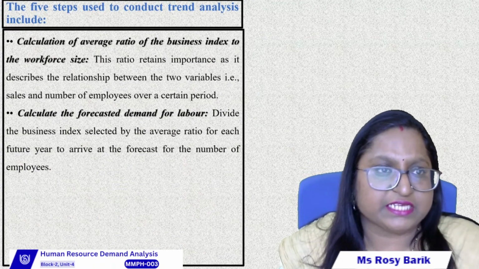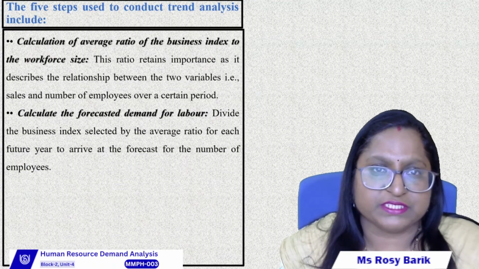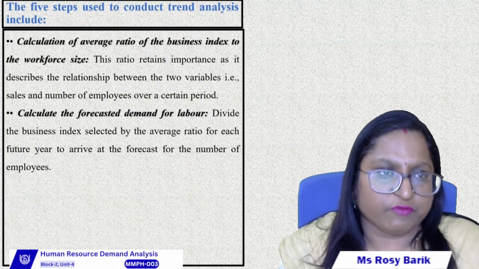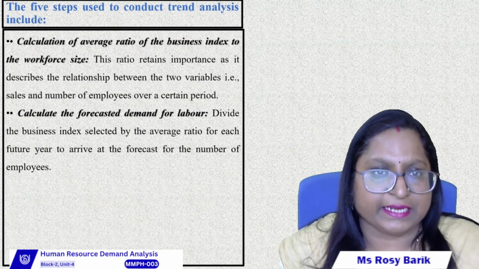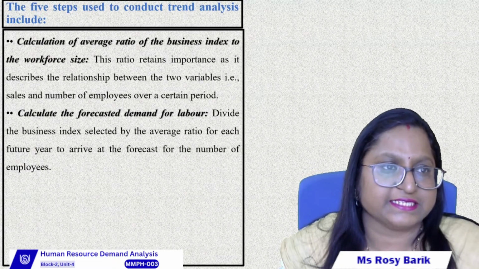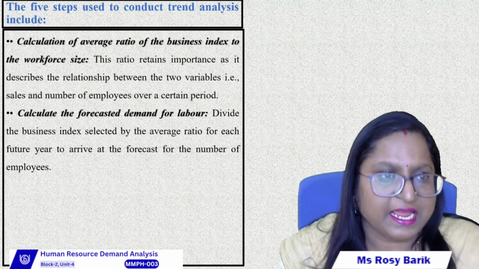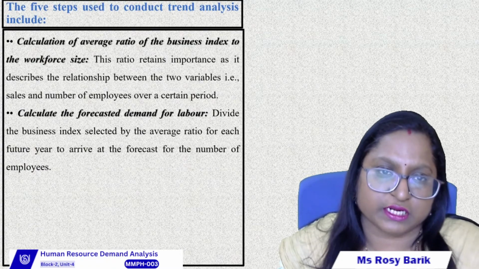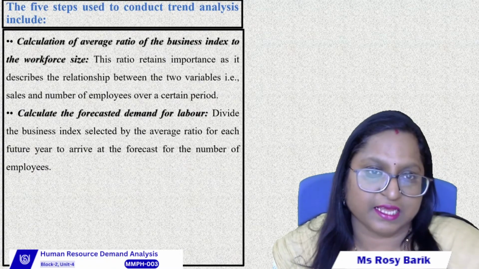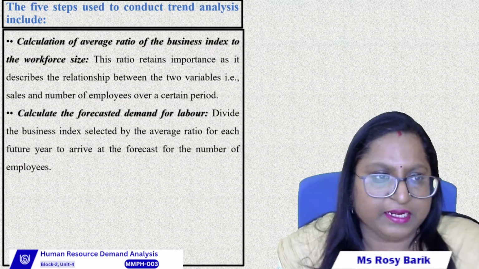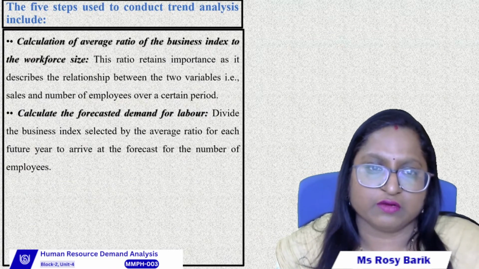The next step is calculating the average ratio of the business index to the workforce size. The ratio retains importance as it describes the relationship between two variables, that is sales and the number of employees over a certain period, that we have discussed in the previous table. Then calculate the forecasted demand of labor.